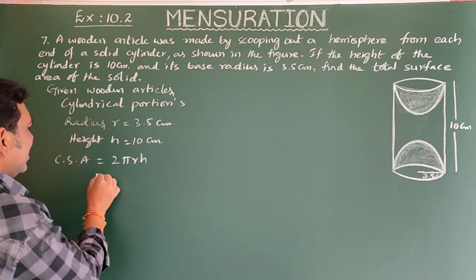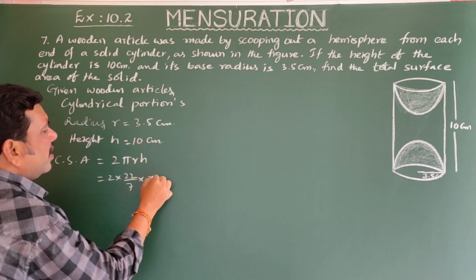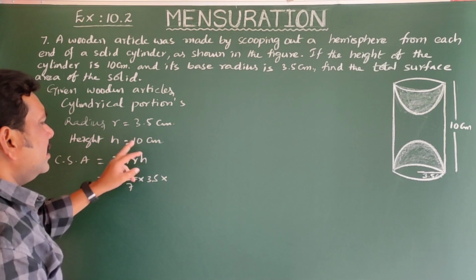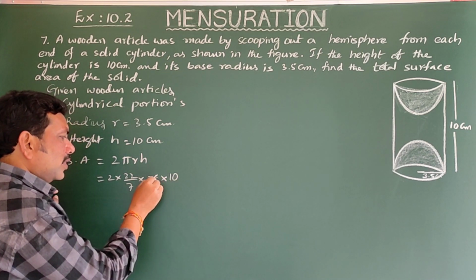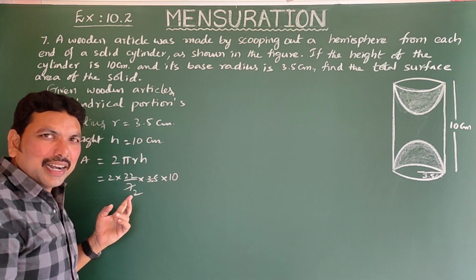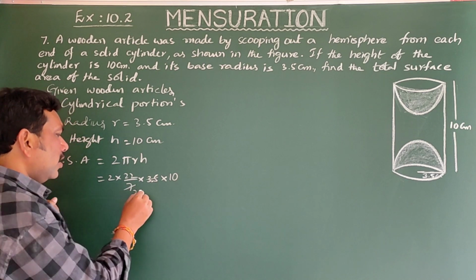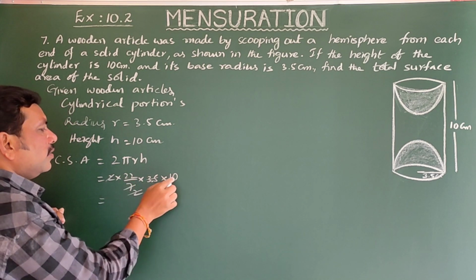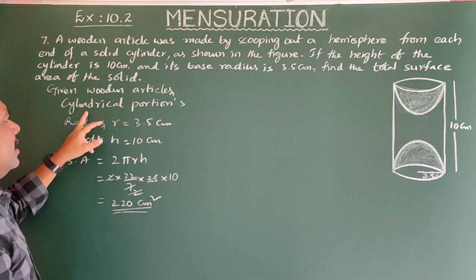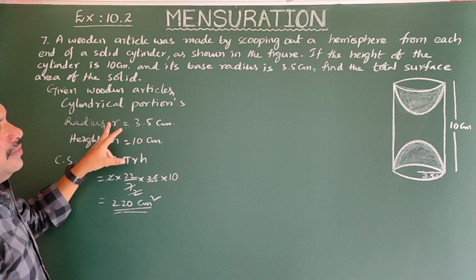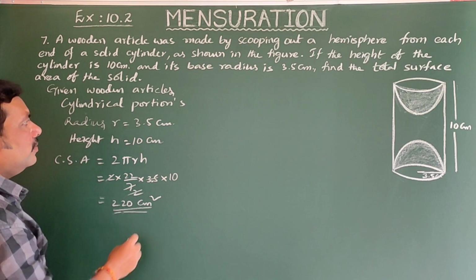That is equal to 2 into 22 by 7 into radius 3.5 into height 10. Look here, 3.5 times 2 is 7, 3.5 plus 3.5, 7 only. 2 gets cancelled. Then 22 tens are 220 centimeter square. This is the cylindrical portion's CSA.